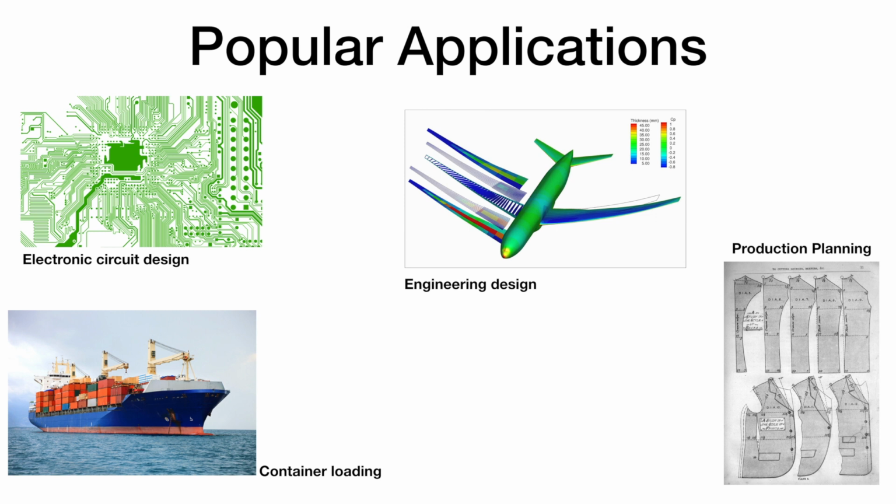Other applications are designing electronic circuits to save some copper and time, and production planning and engineering design, because the space of possible solutions in these problems is huge. In all of them, it's huge. It's impossible to check all the possible solutions, so trying to find a good enough solution is very efficient.